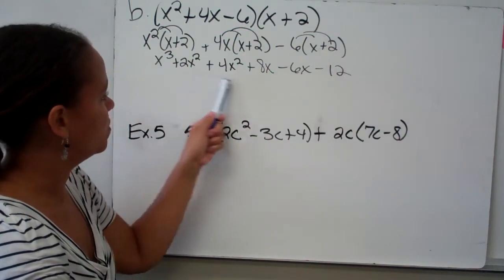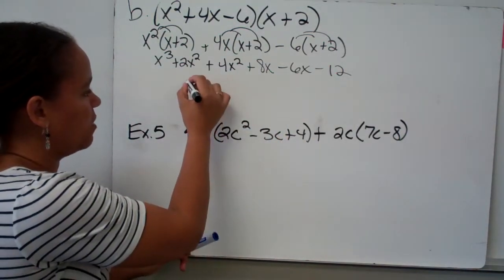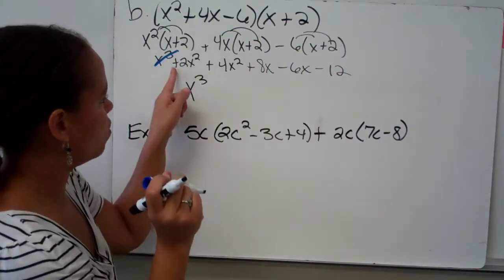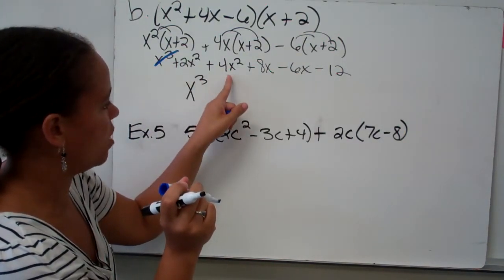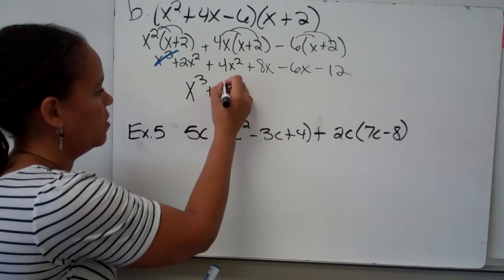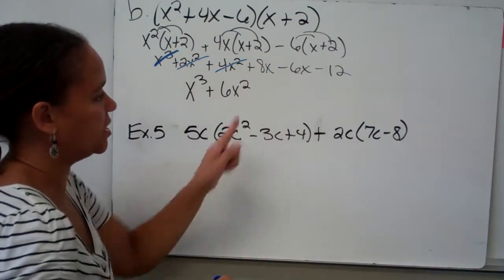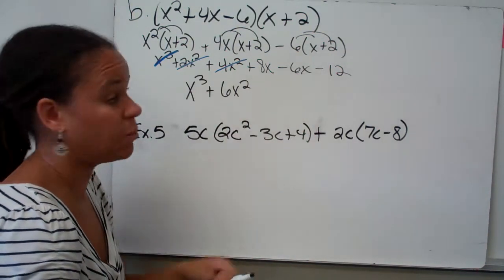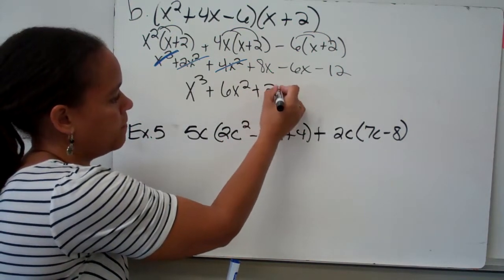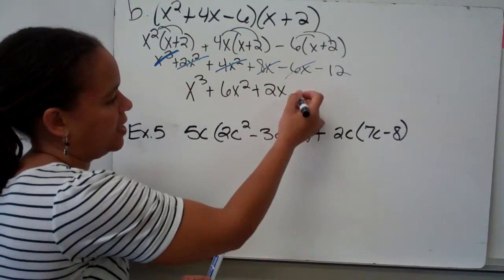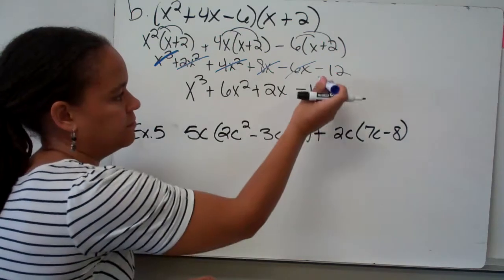So x cubed, there's only one x cubed, so that's going to be part of my final answer. I'm done with the x cubed. Squareds, I have 2. I have 2x squared and 4x squared, so I need to put those together. I'm done with the x squareds. Now x's, 8x minus 6x, I'm going to end up with 2x. Done with those. And the last but not least, I have 12, our constant.